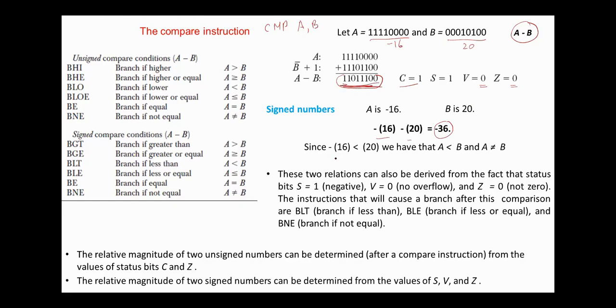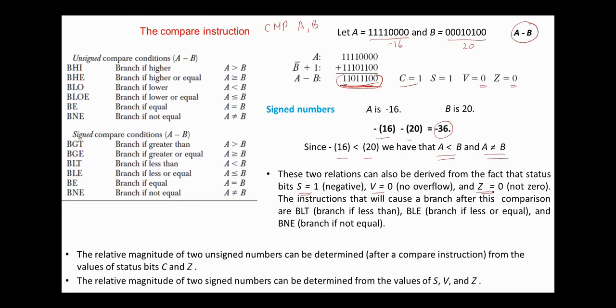Since minus 16 is less than 20, we have that A is less than B and A is not equal to B. And these two relations can be derived from the fact that the status bits are S equals 1, negative, V equals 0, no overflow, and Z equals 0, not 0.